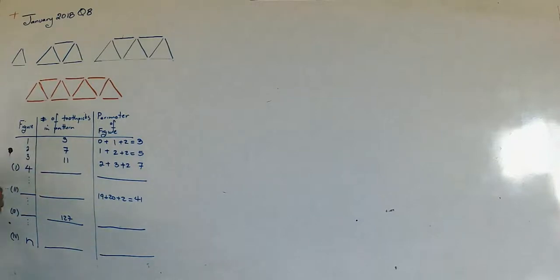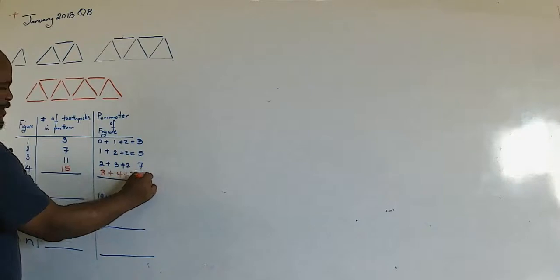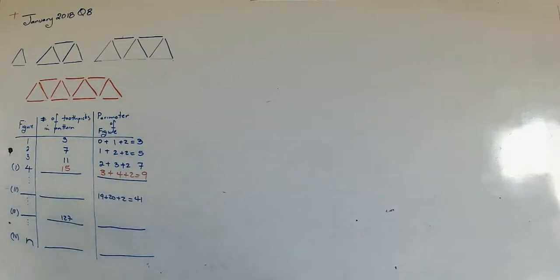So the next one should be what? 15. Now over here, you have 0, 1, 2. So here I've got 3 plus, 4 plus 2. This is 9. Alright? We're good so far?